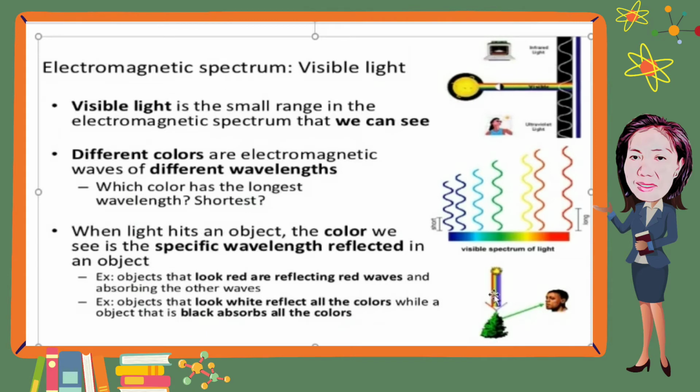The rest of the colors are absorbed in an object. So actually, kung ano yung makikita natin na color sa mga object, yun lang na color ang nag-reflect sa eye natin back. Okay? So for example, ang banana, it's color yellow. What does it mean? Only color yellow is reflected into our eyes. The rest of the colors are absorbed in the banana.